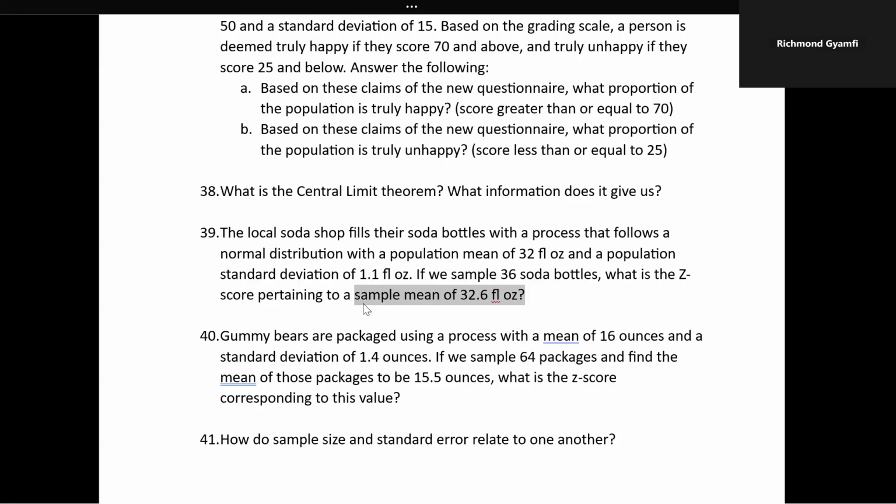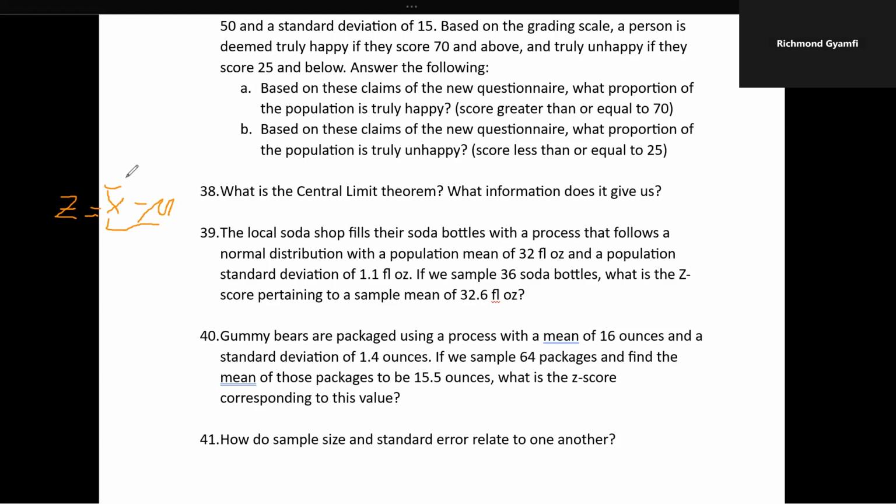The z-score is going to be z equals x bar, which is the sample mean, minus mu over, okay, this is not working for me.